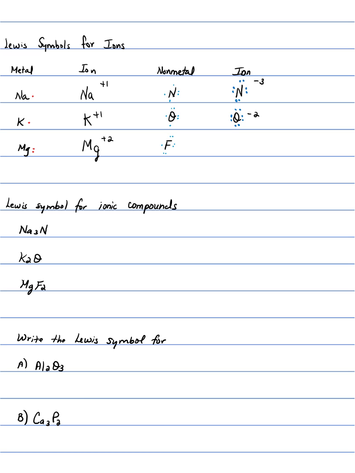Now let's look at the last one here for the non-metals. We have F. Fluorine is in group 7 in the periodic table. You have 7 valence electrons. Any element in group 7 will form ions with a charge of -1.